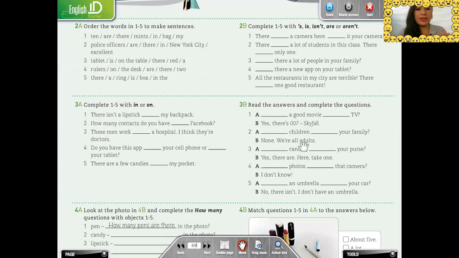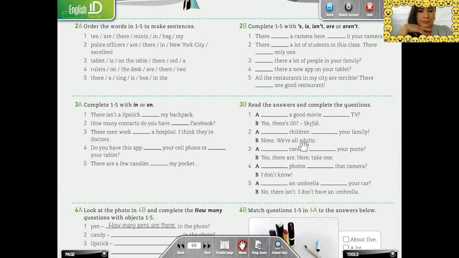According to exercise 3A, what you have to do is complete 1 to 5 with in or on. These are some prepositions we're going to use to complete the sentences. Be careful when reading the sentences and choose the correct option. Number 1. What is number 1?